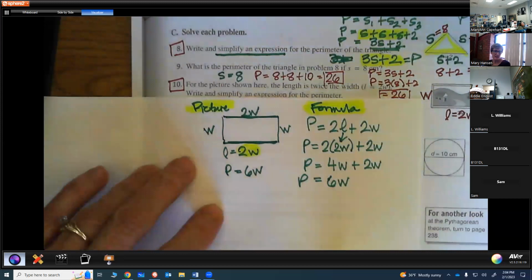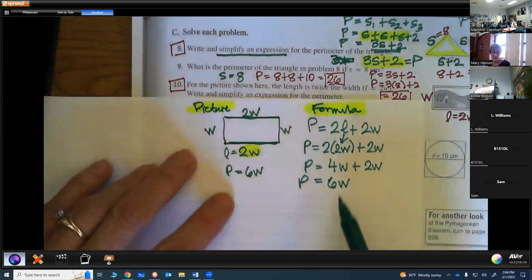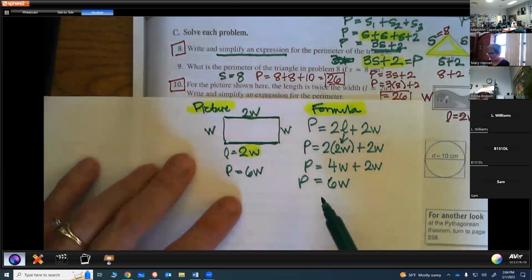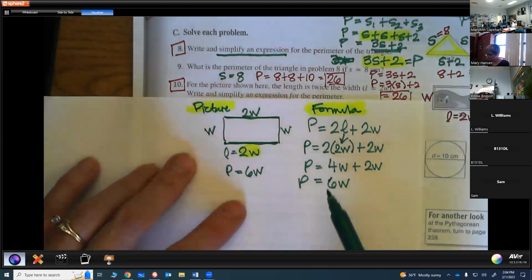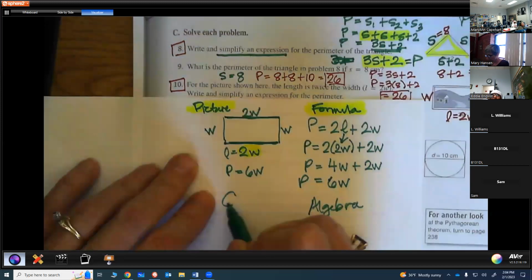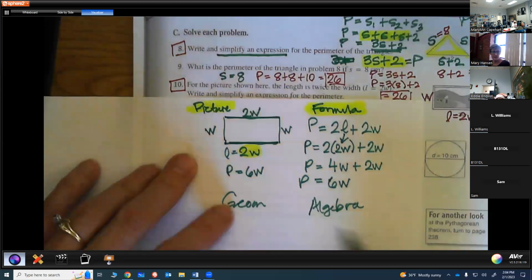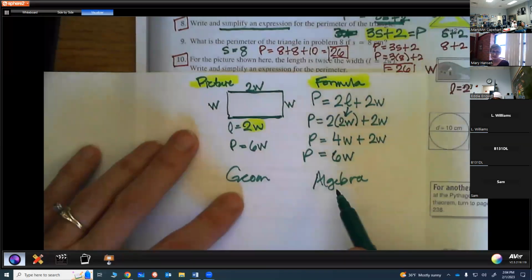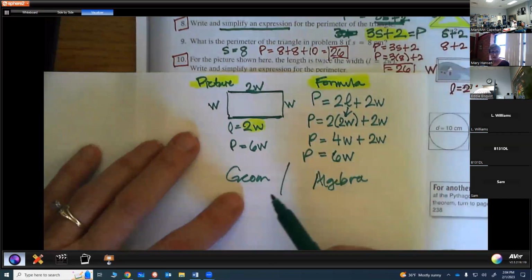Both. The nice thing about math and the curse about math is a lot of times there's more than one way to do something. And most people think better either geometrically or they think better algebraically. And typically you're stronger in one or the other.